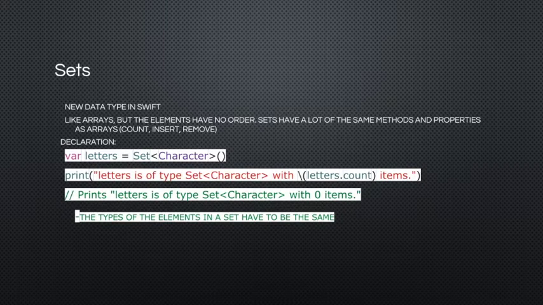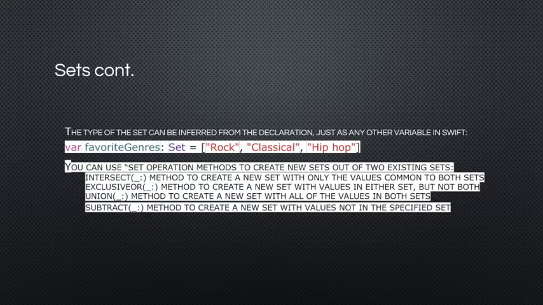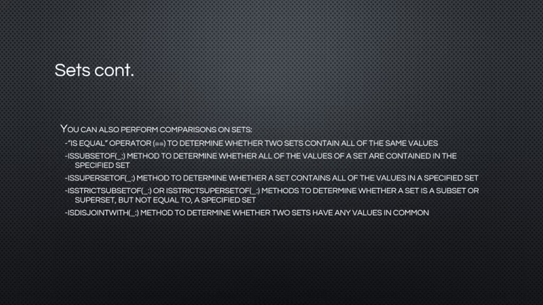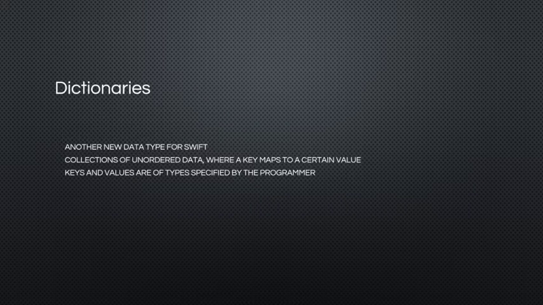And it comes in handy whenever you're working with stuff like mathematical sets, because it has operations and methods that work like how mathematical sets work, as you'll see here in a second. Right, so we have intersection, exclusive or, union, stuff like that. And here's some more methods.